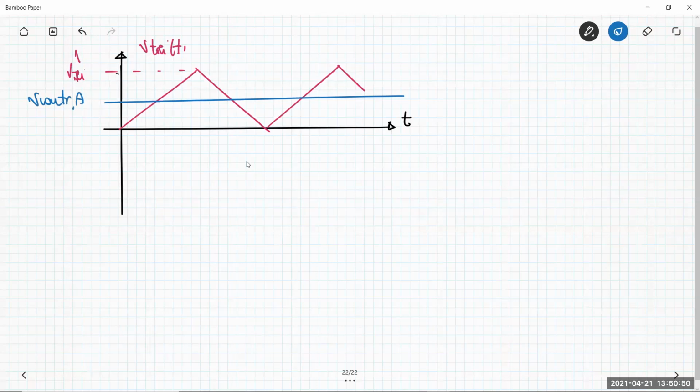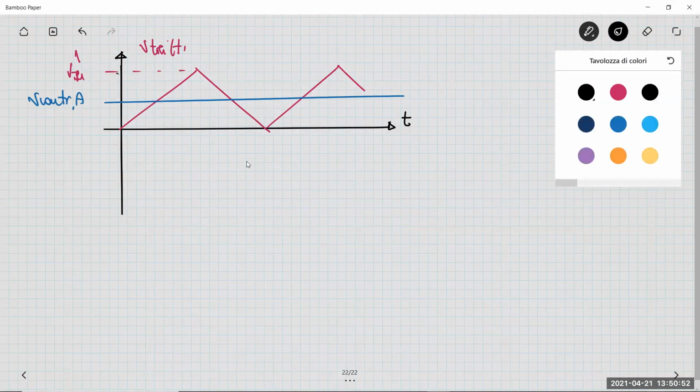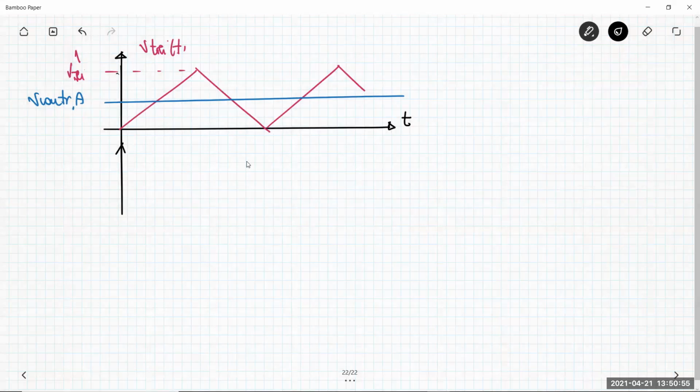On the basis of this comparison, you can generate the unitary switching function.